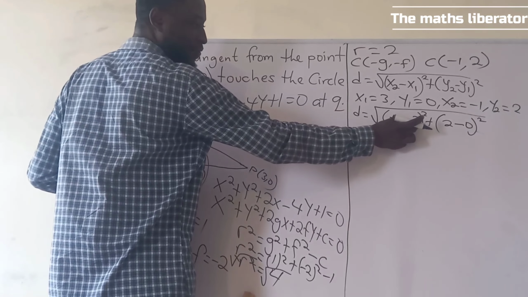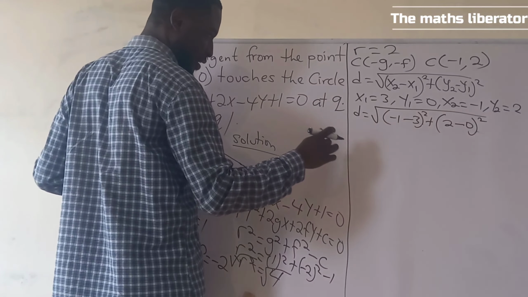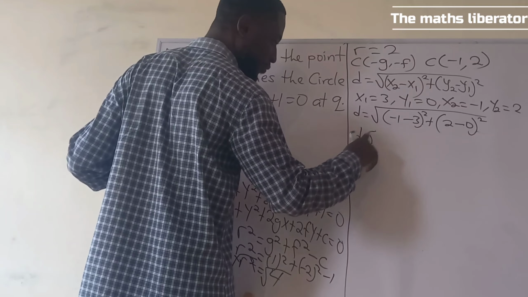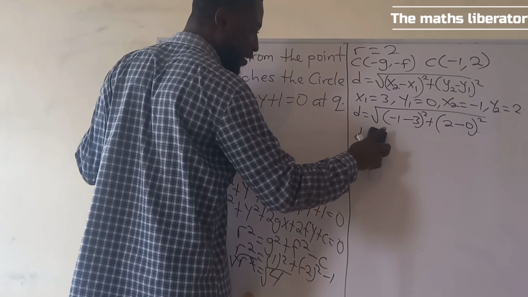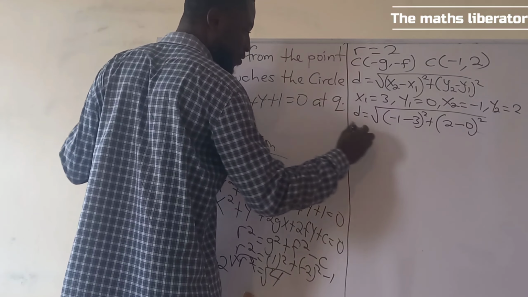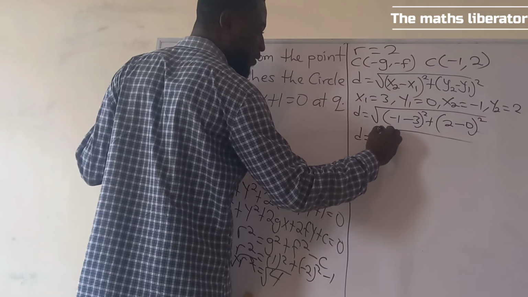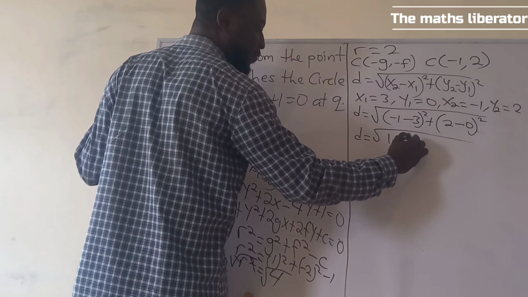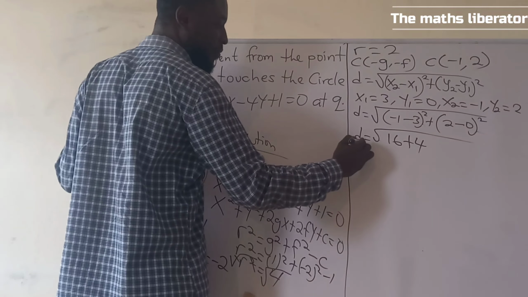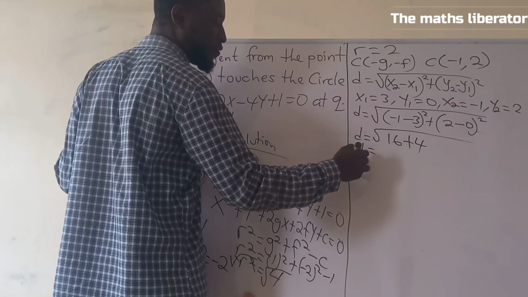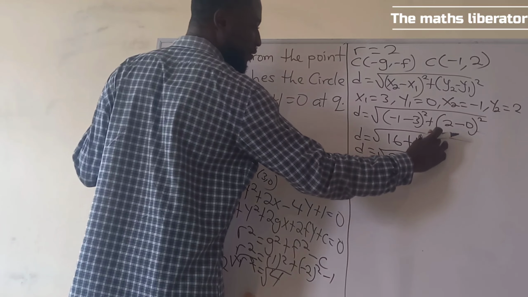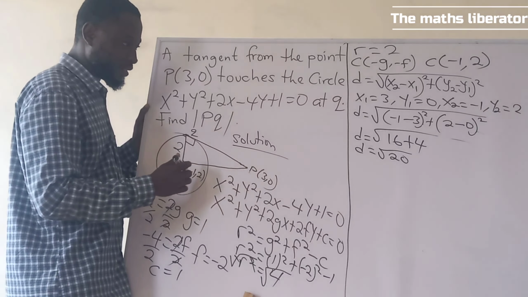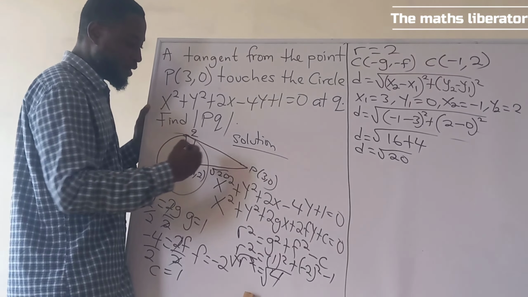Negative 1 minus 3 gives negative 4, and negative 4 squared gives 16. Plus 2 minus 0 is 2, and 2 squared is 4. So my d will be the square root of 16 plus 4, which is the square root of 20. So the distance between these two points is square root of 20.